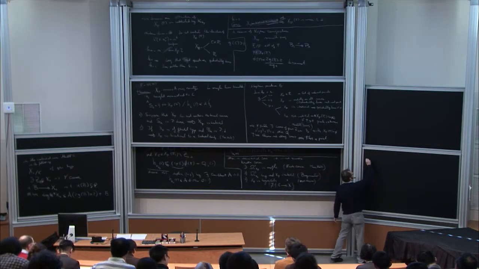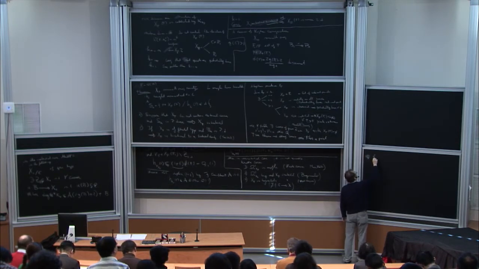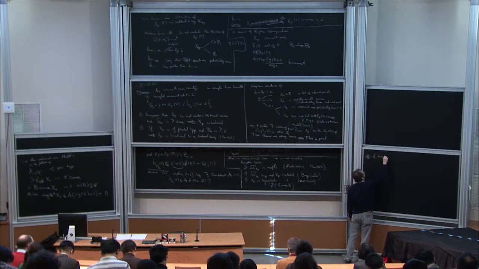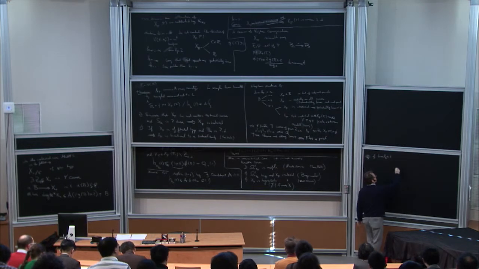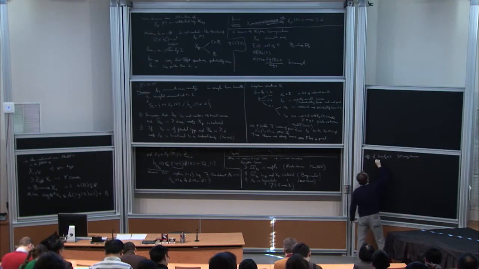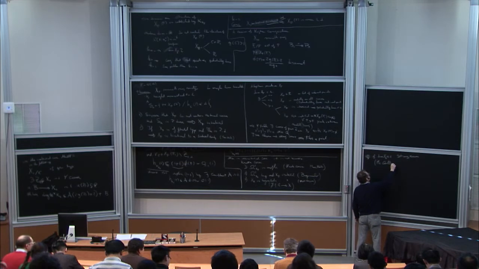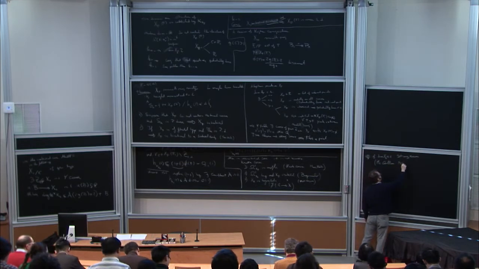Another case which is known is if the dimension of Xf is equal to 1. And here is the strong version. This is a theorem by McQuillan, Moriwaki and Yamanoi.